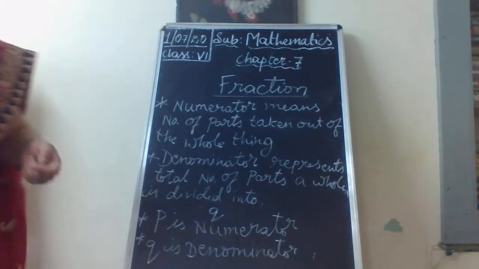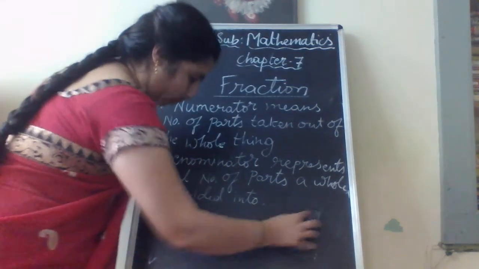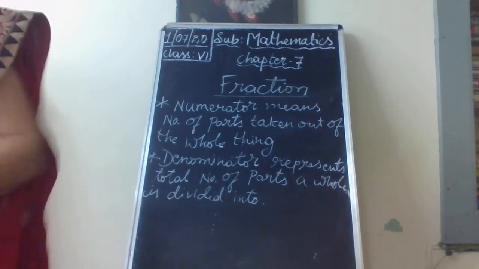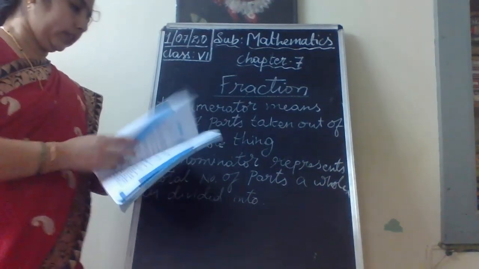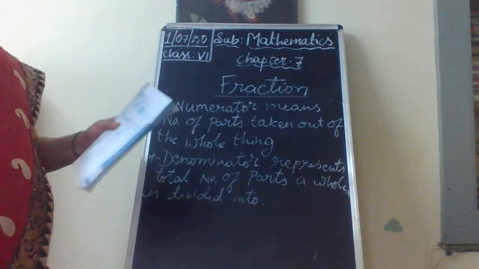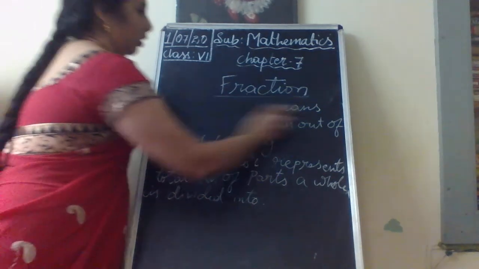Then now I am starting exercise 7.1. Take out your textbook. There are 3 mains in the textbook. Exercise 7.1, first main: write the fraction representing the shaded portion.